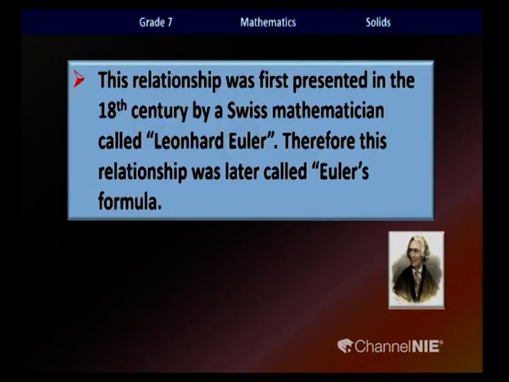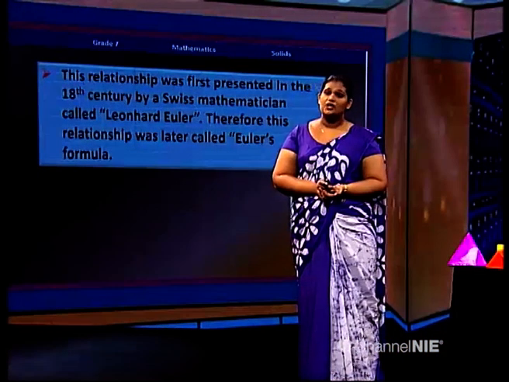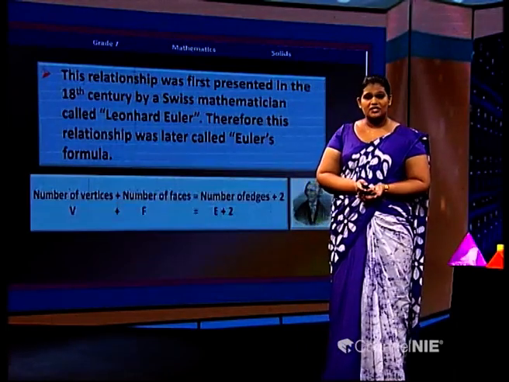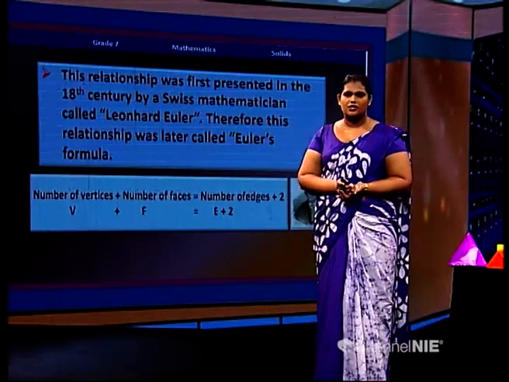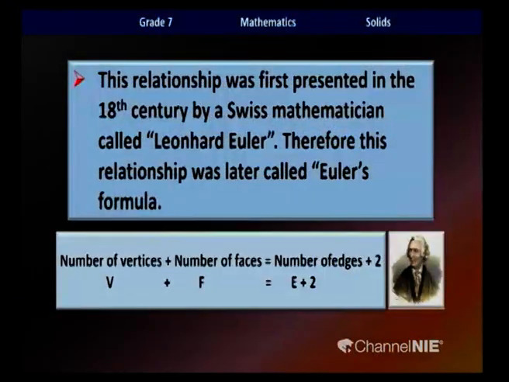Although we have observed it now, this relationship was presented by Leonhard Euler in the 18th century. Therefore, we named this formula Euler's formula, or in some cases we call it Euler's relationship. So, once again we will state what Euler's relationship is. Number of vertices plus number of faces equals number of edges plus 2.